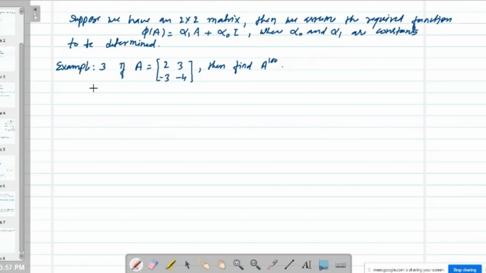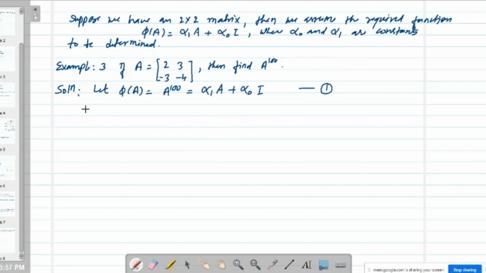We first suppose, let phi of A equal to what? A to the power 100. और phi of A को हम कैसे लिखते थे? अल्फा 1 A प्लस अल्फा नॉट I. गेटिंग? इस तरह से हम इसको लिखते थे. नेम दिस इक्वेशन नंबर 1.